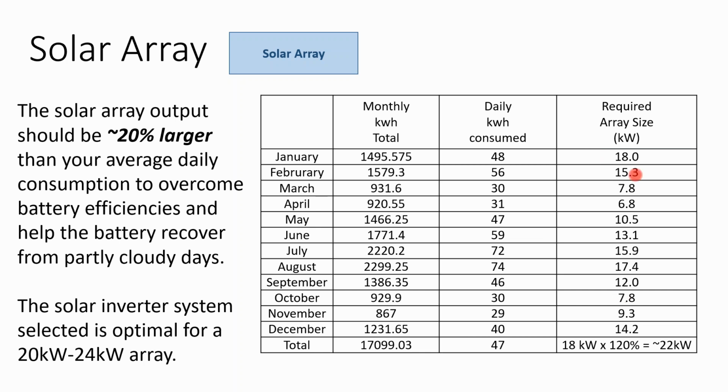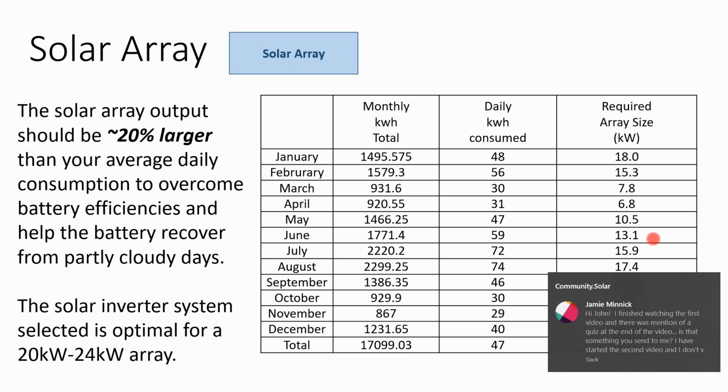And so, even though I'm saying that in the wintertime I need at least an 18 kilowatt array, to be conservative I'm going to go even 20% larger than that. Basically, a conservatively sized solar array for off-grid living is substantially larger than if you're just doing a net metered solar array.